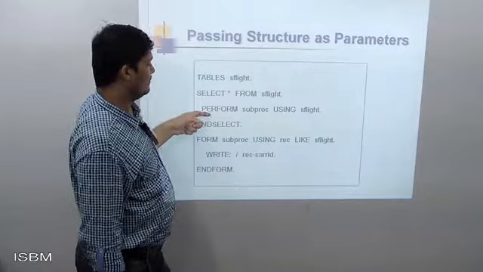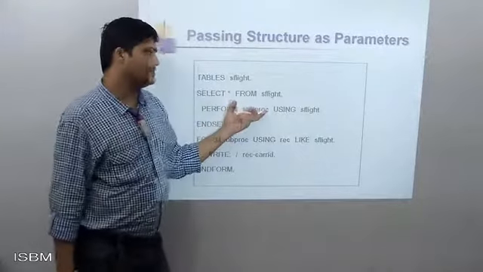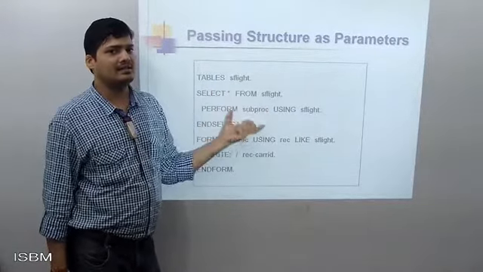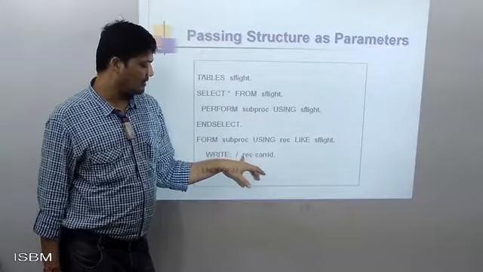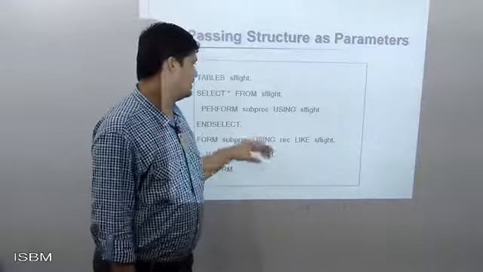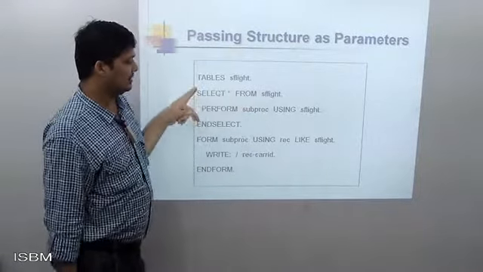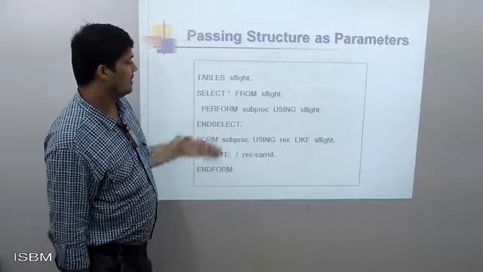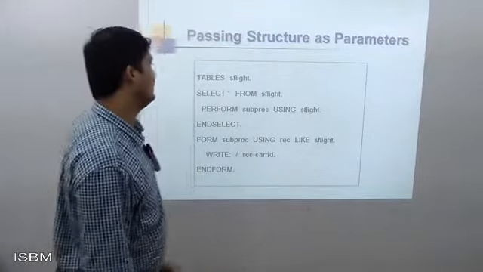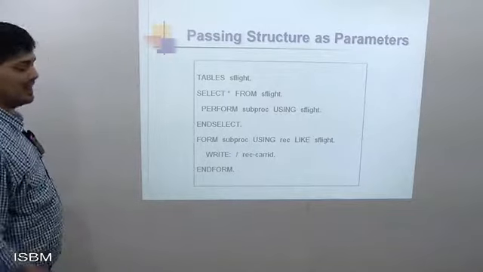Each and every time, this perform using S flight will work with the select, and whatever you have written will be executed inside this particular loop, which is nothing but a select in select loop. So this is another way to declare your structure or parameter.